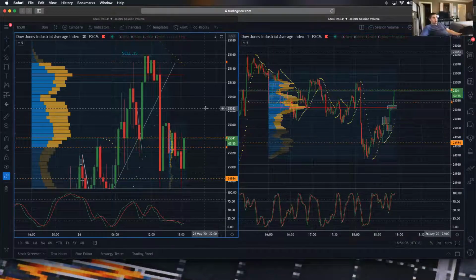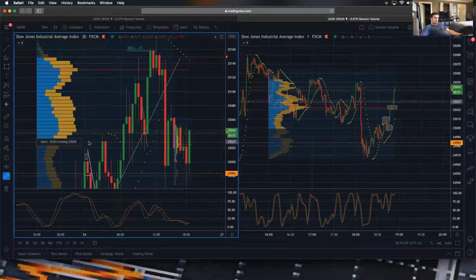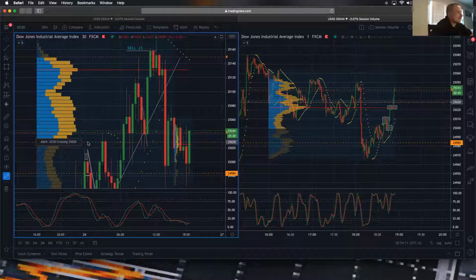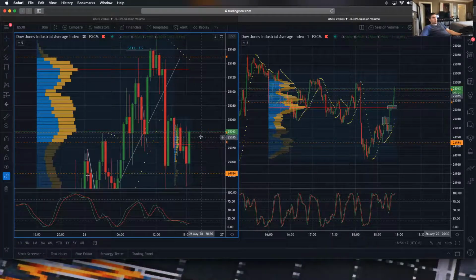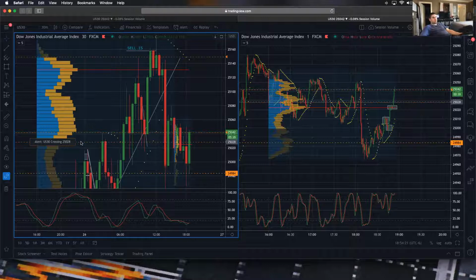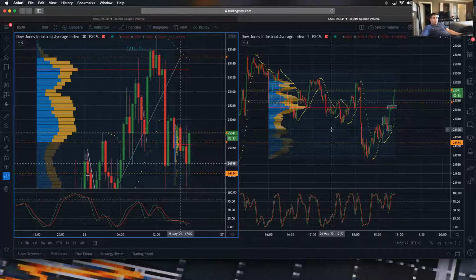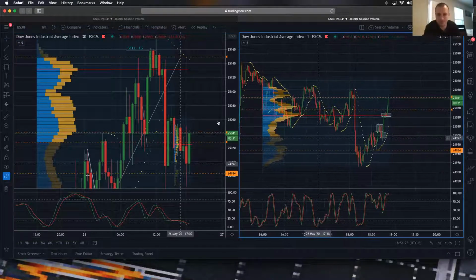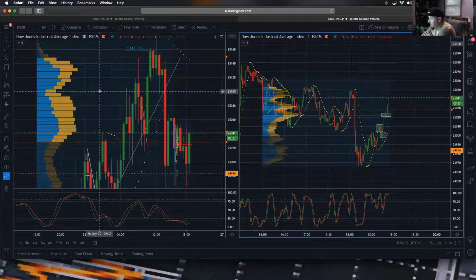So that's why I go back to previous structure and take a look at this. It's broken my main zone right here, the 25028. So as long as I get a good close above that 25028, I'll be looking for it to target my previous POC, or that low volume node right there.